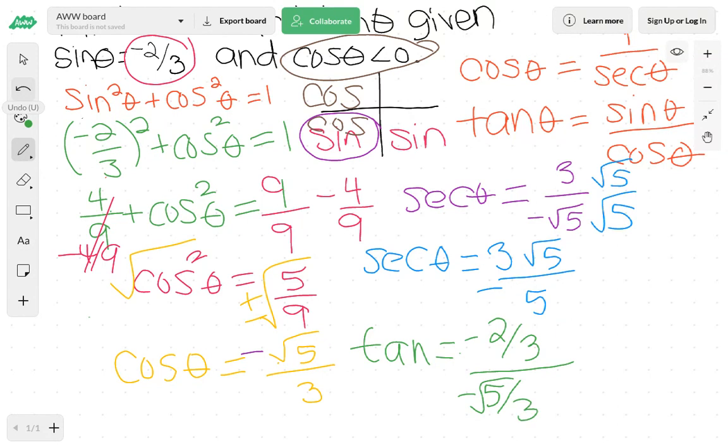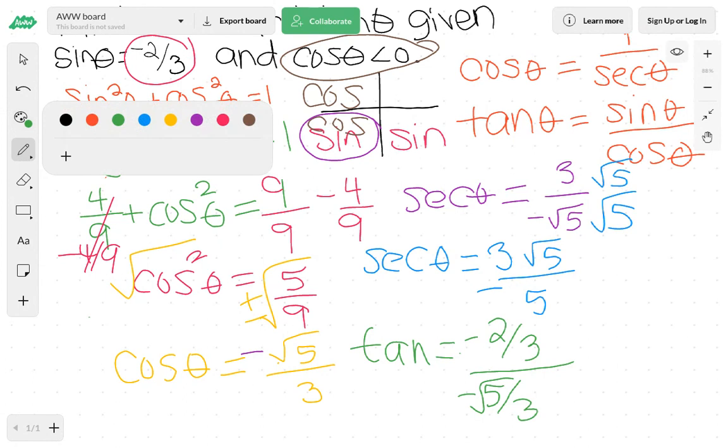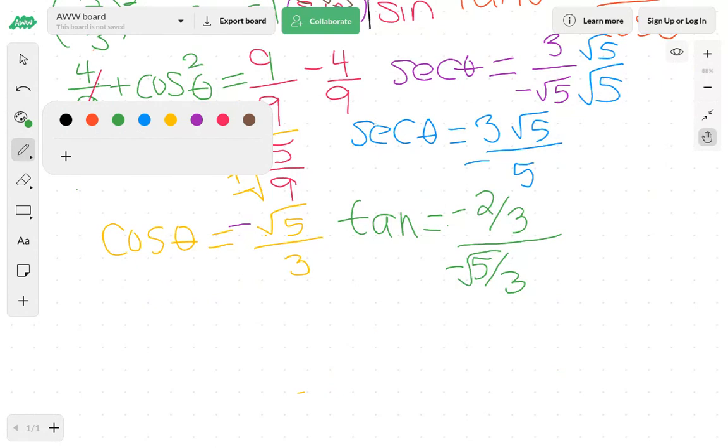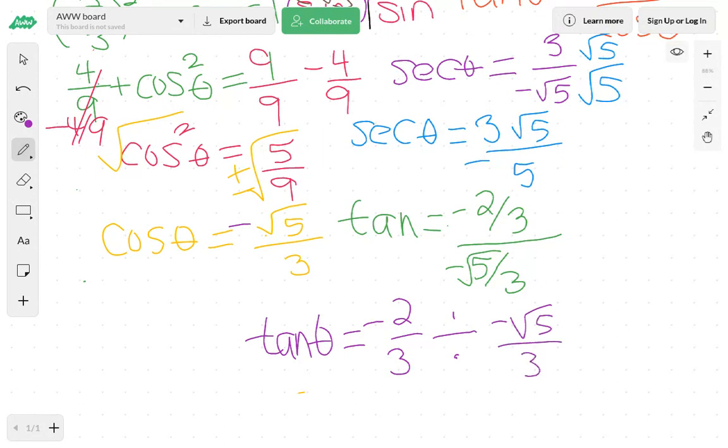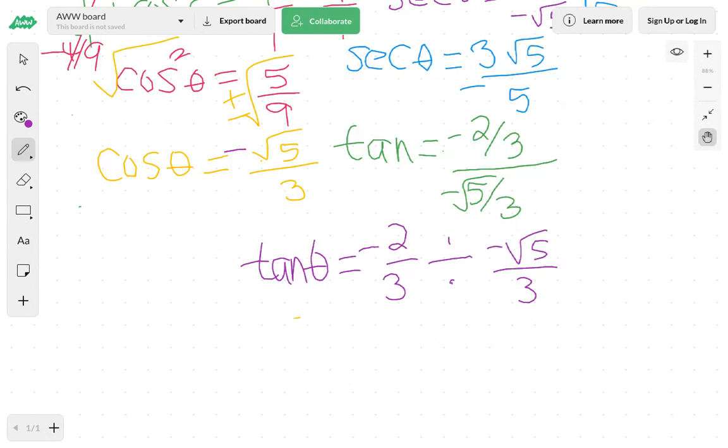And instead of thinking of it as a division problem, instead I can write it out without the fraction bar as a full division problem if this confuses me. So that means that I can write my tangent of theta is equal to negative 2/3 divided by negative root 5 over 3. And that can help me to know which one to reciprocate.